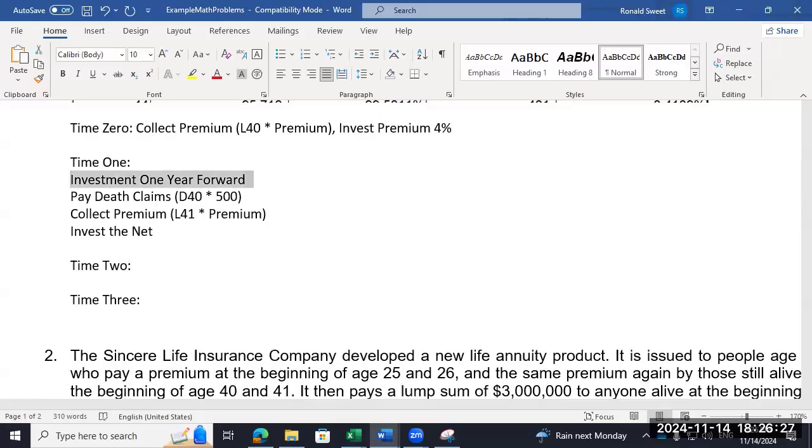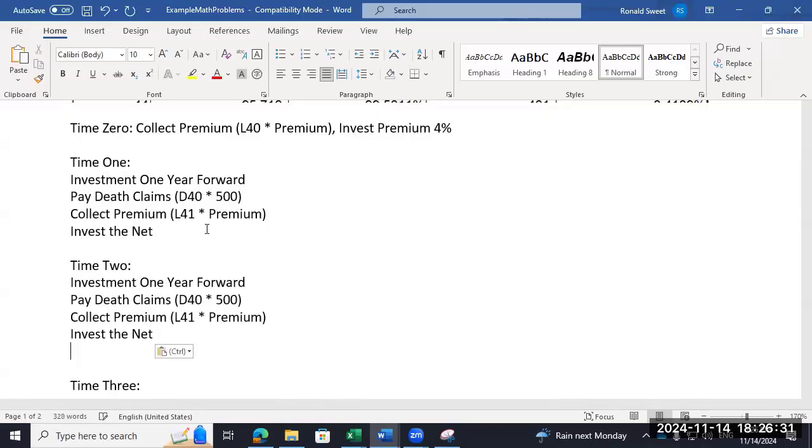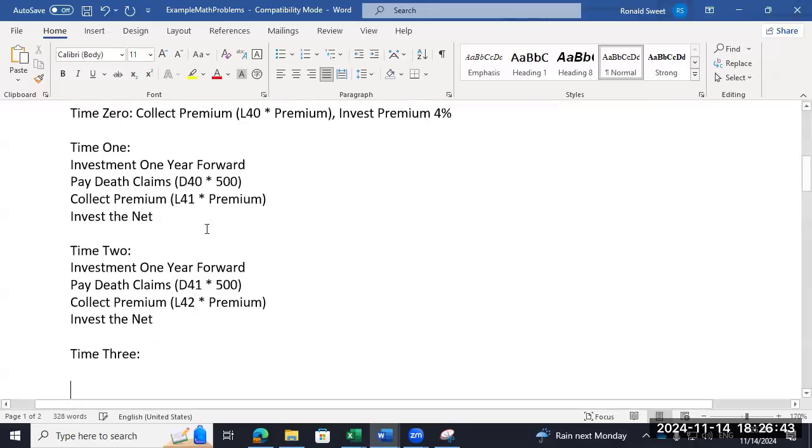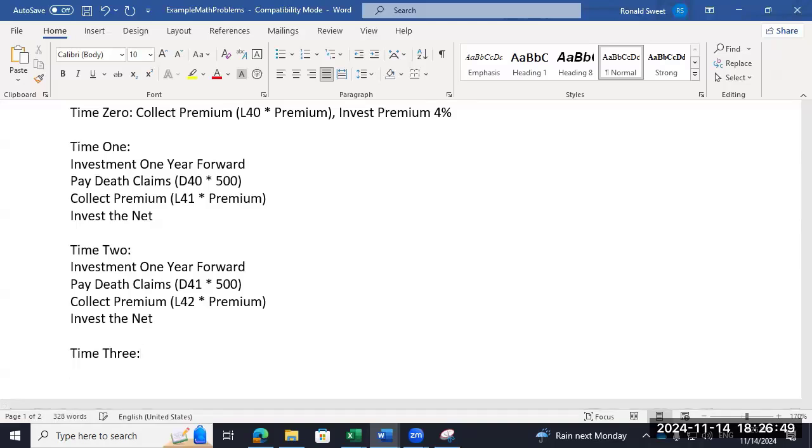And your time 2 is going to be exactly the same, except now you're going to pay death claim D41 and collect premium from L42. Then at time 3, it starts off the same.